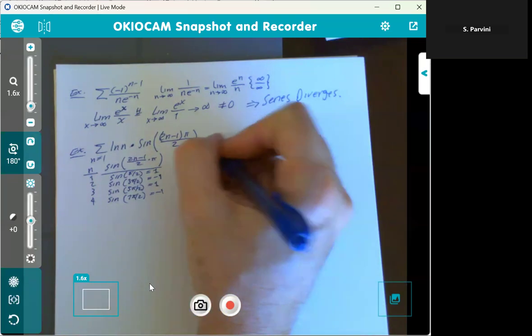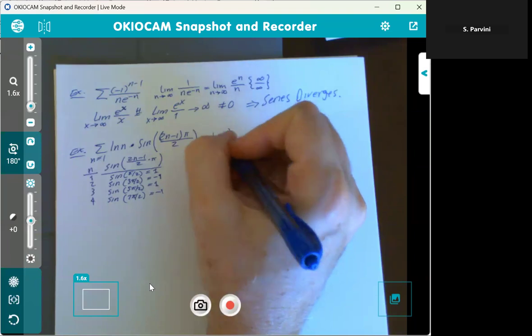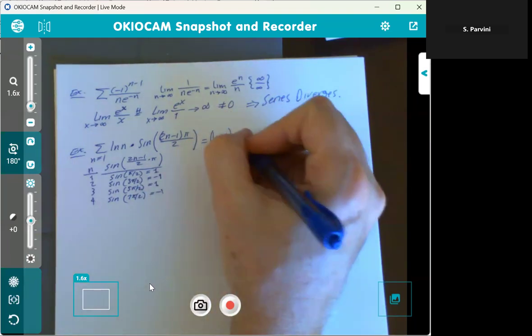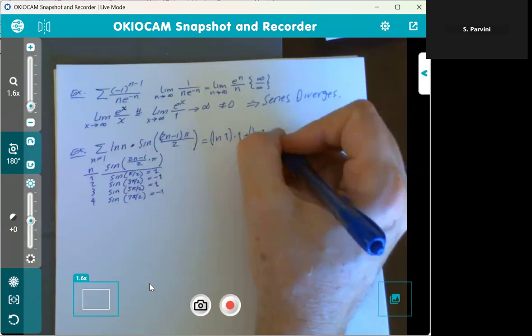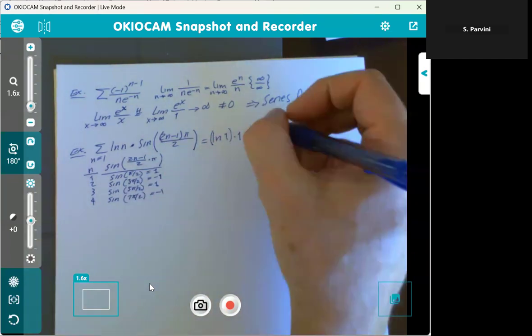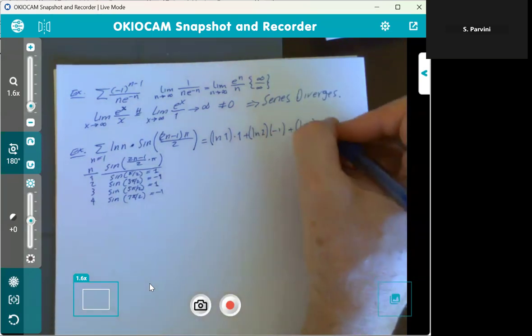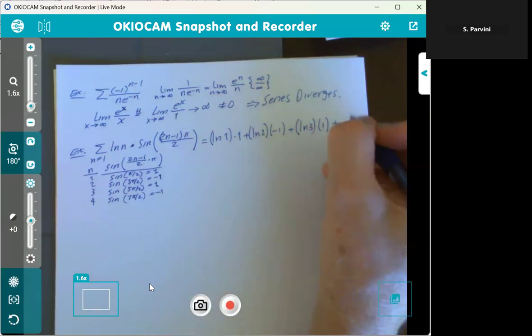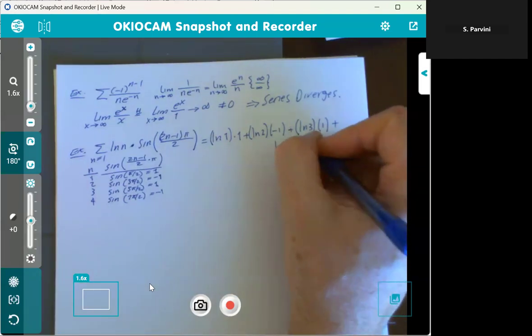In fact, the first few terms are natural log of 1 times 1, plus natural log of 2 times negative 1, plus ln of 3 times 1, plus ln of 4 times negative 1.